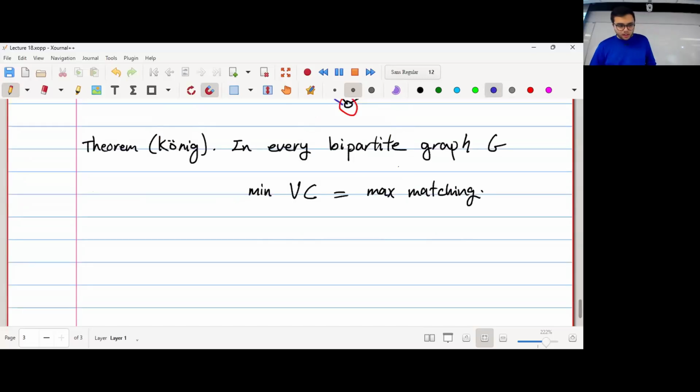So we know that the size of our minimum vertex cover is greater than or equal to the size of our maximum matching. We want to prove that it's also less than.